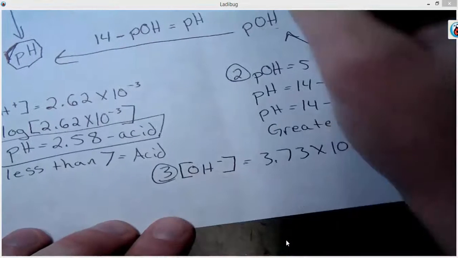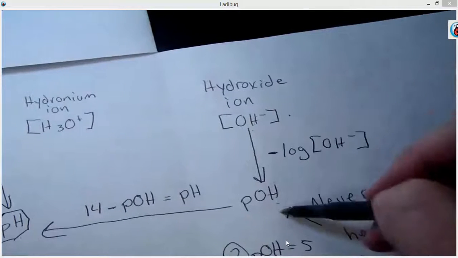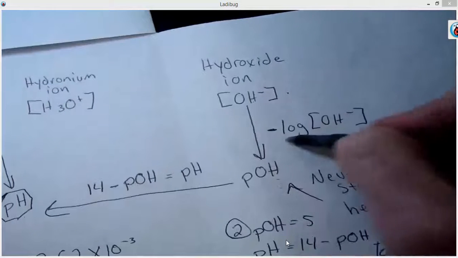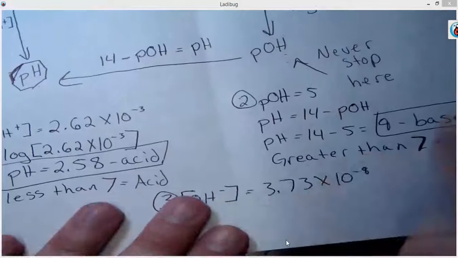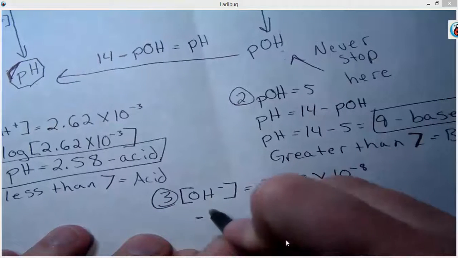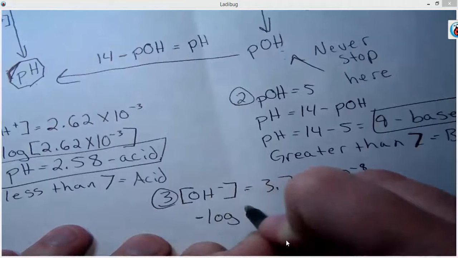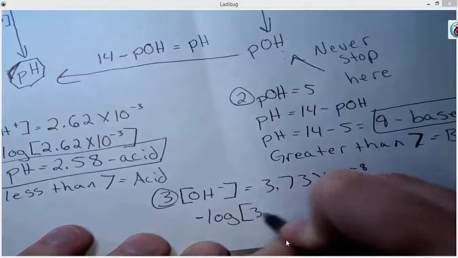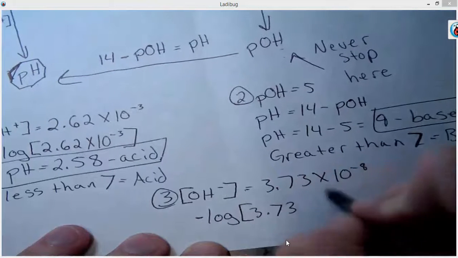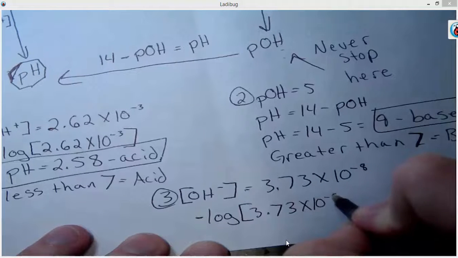Remember, we have to get our pOH first, and to do that, we use negative log OH. So we go negative log and then put in the 3.73 times 10 to the negative 8.